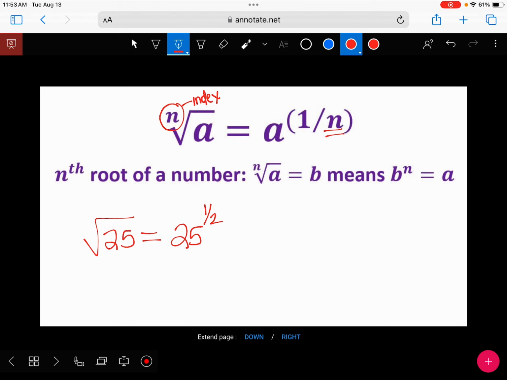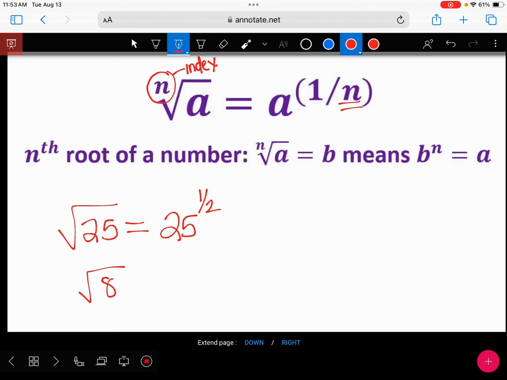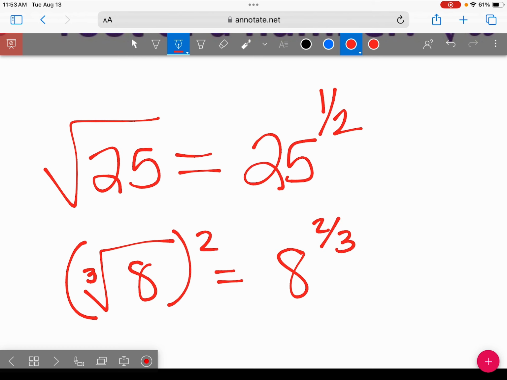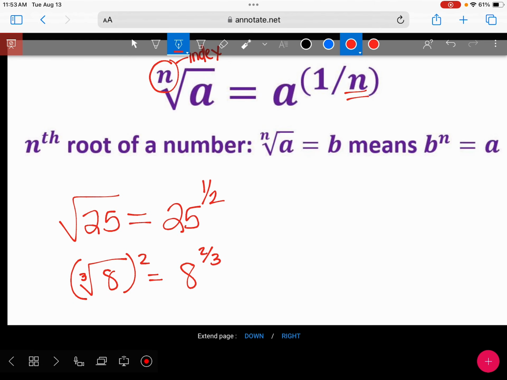If you were to have, for example, 8, and let's say this is an index of 3, let me zoom in, and that's all raised to the power of 2, we can write that as a fraction as 8 to the power of what? Do you think it's going to be 2 over 3 or 3 over 2? 2 over 3. So that's just something to keep in mind as we start simplifying roots.